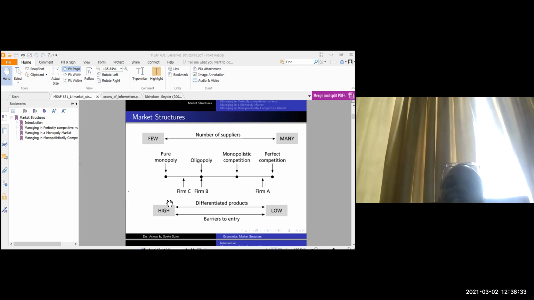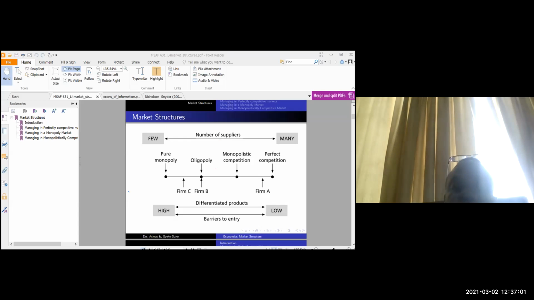High differentiation, the product is almost unique. You can't find it anywhere, or you can tell firm A's product from that of firm B. So with high differentiation, you're approaching a monopoly market. In a monopoly market, you have a unique product. In terms of barriers to entry, if the barriers to entry are low, then you are approaching a perfectly competitive market.